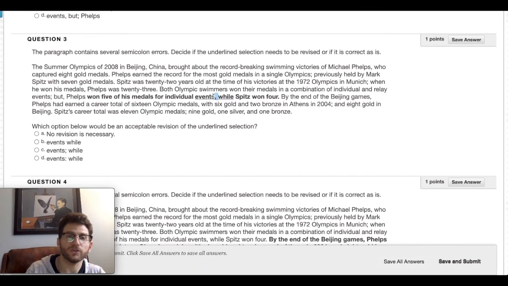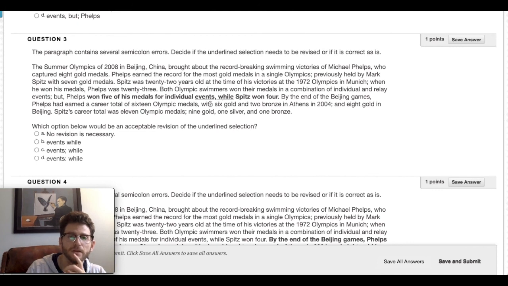But we certainly cannot use a semicolon here. So you definitely can't use C. I should say, probably not the best to do A and leave it with a comma there.